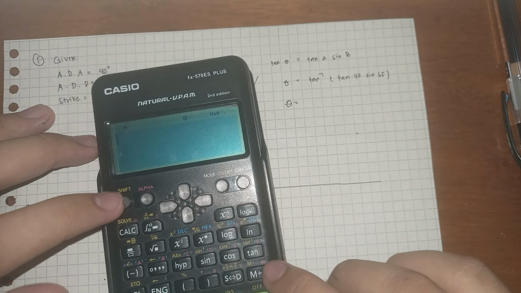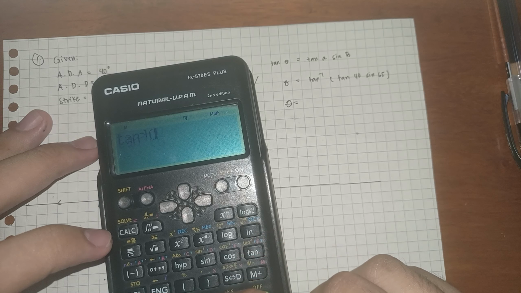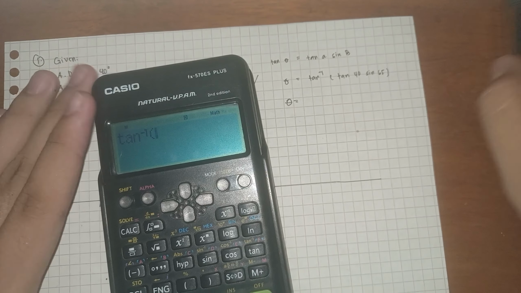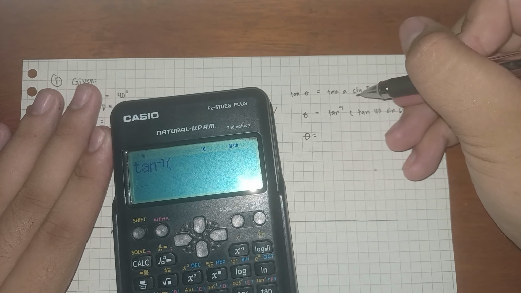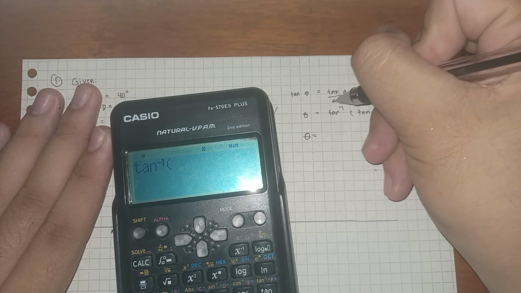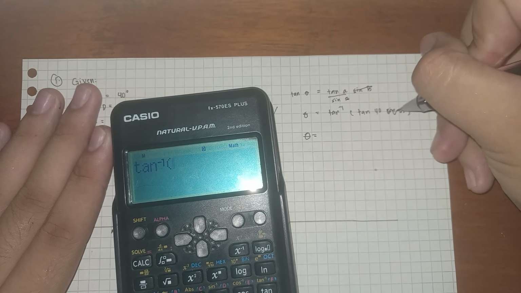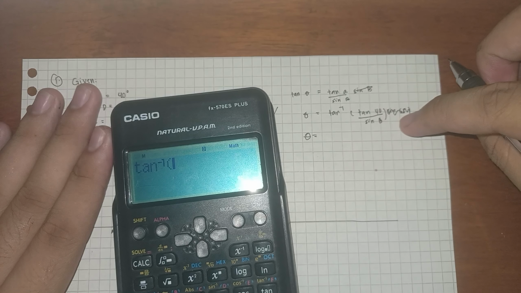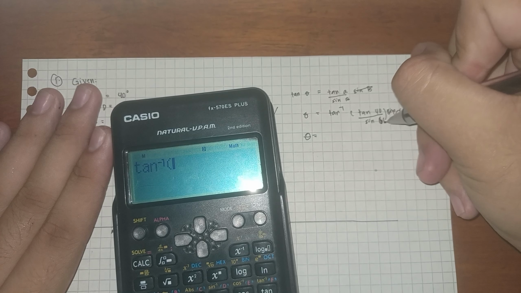Now we solve it in the calculator. Tangent. I know it should not be this formula, but sine beta. Dapat over sine beta pala pag true dip direction. So from here, still same values.